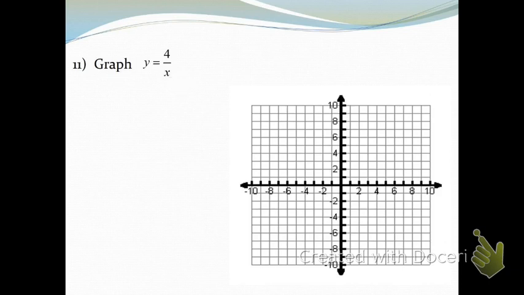So we're going to have a vertical asymptote at x equals 0. The graph can't exist anywhere that x equals 0. Now, look up here real quick before you draw the asymptote or while you're doing it. I could also rewrite this as x equals 4 over y. That means we also have a horizontal asymptote at y equals 0. Okay?